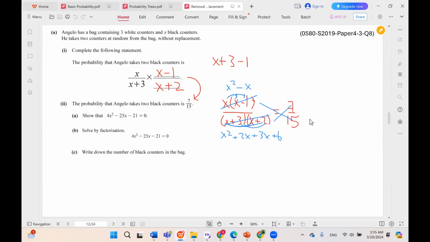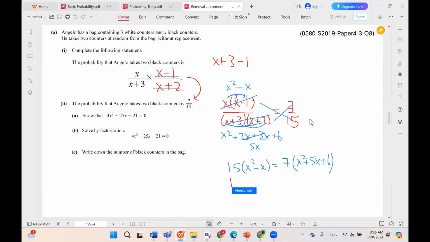So now we can cross multiply, things will be easier. So 15 times X squared minus X equals 7 times, of course here 2X and 3X gives us 5X. So 7 times X squared plus 5X plus 6. And we can distribute and solve.